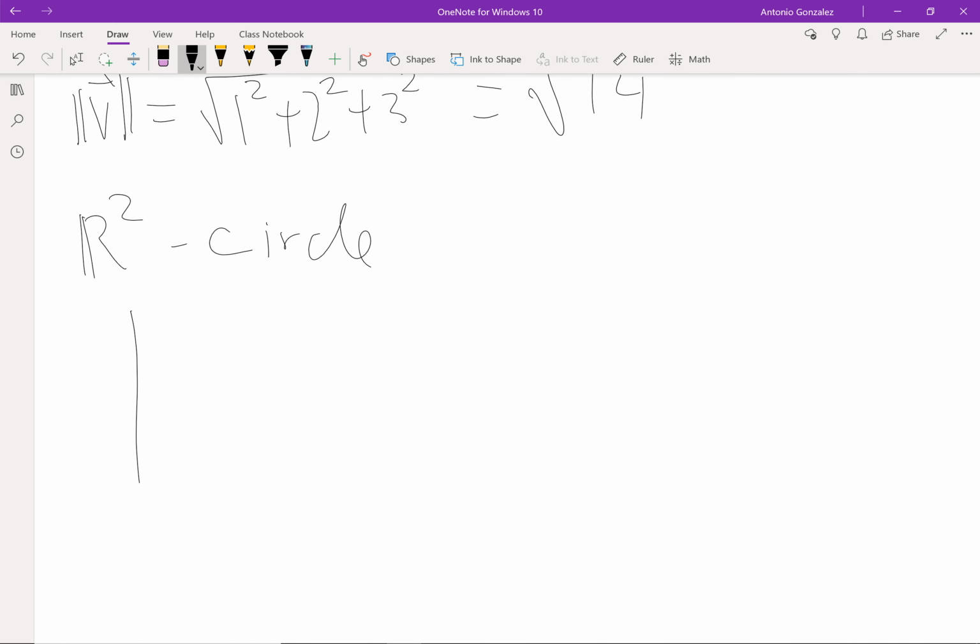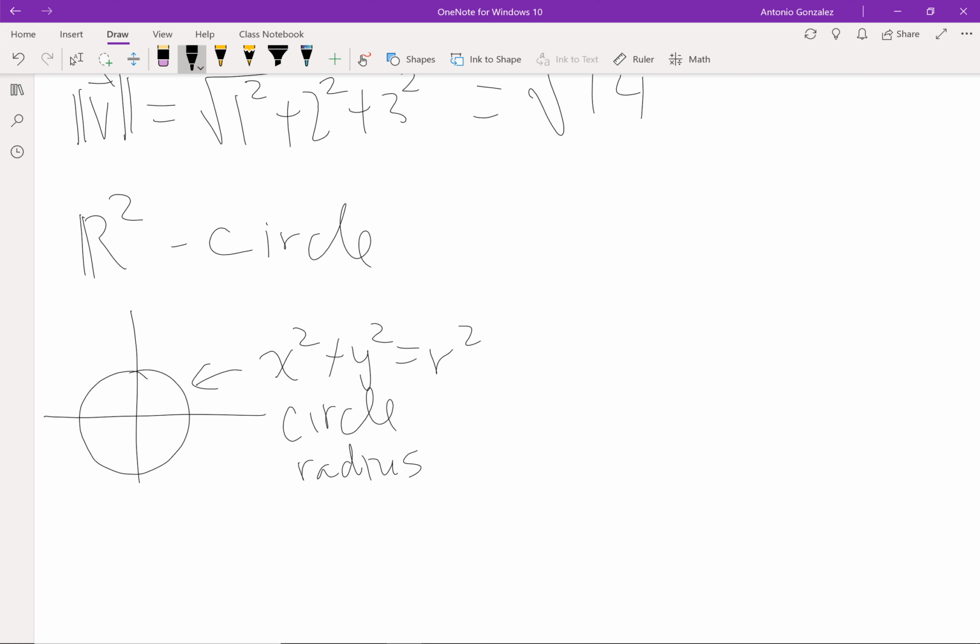So a circle of radius r centered at the origin would have this equation. Right?